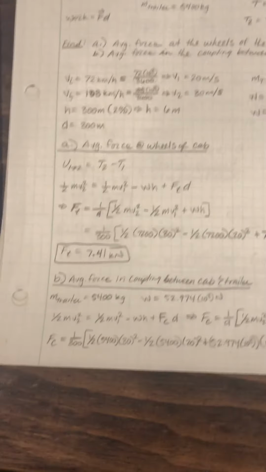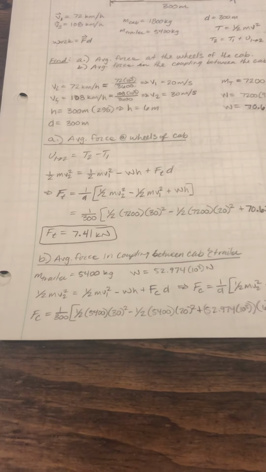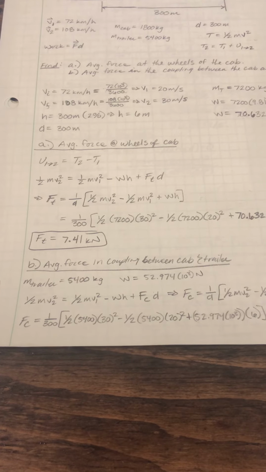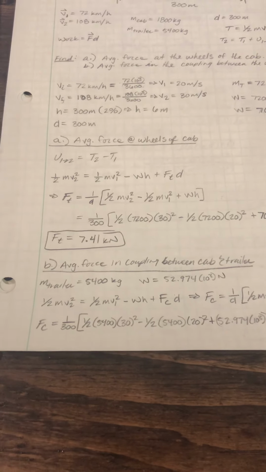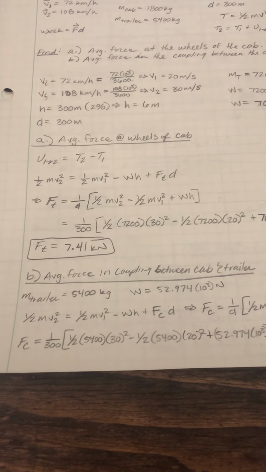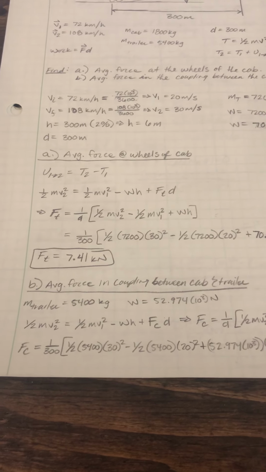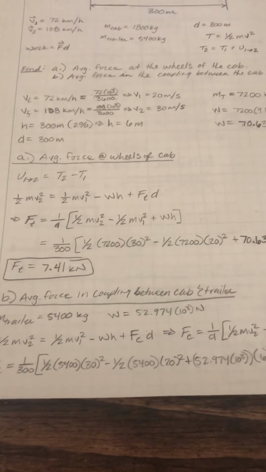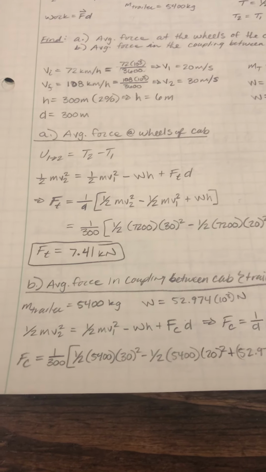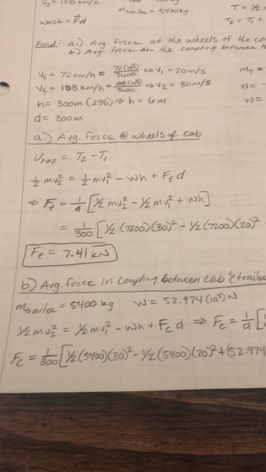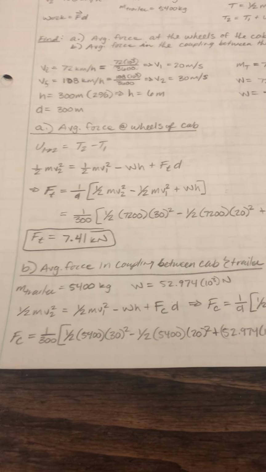Then moving on, for the average force in the coupling between the cab and trailer, again using the information that we know, and this weight is calculated by multiplying this 5,400 kilograms by 9.81 meters per second squared.